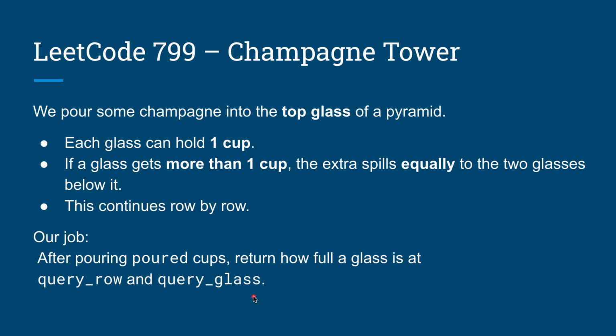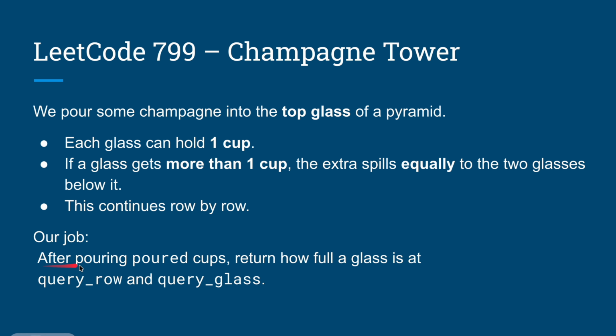Understanding the problem is very important. The question says that we pour some champagne into the top glass of a pyramid and each glass can hold only one cup, as we have seen. If a glass gets more than one cup, the extra splits equally to the two glasses below it, and this continues row by row. So what is our job?